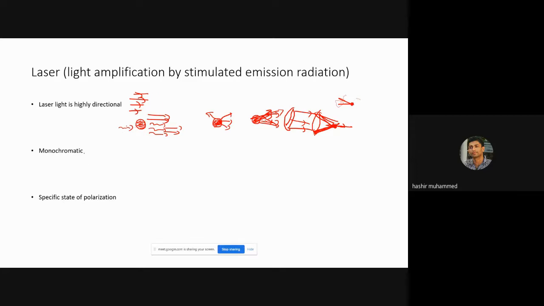So the second point is that the light is monochromatic, which means that if you use sunlight, that's not a laser light, it has most of the wavelengths. You have ultraviolet, most of the visible region, and infrared, all the light you have.